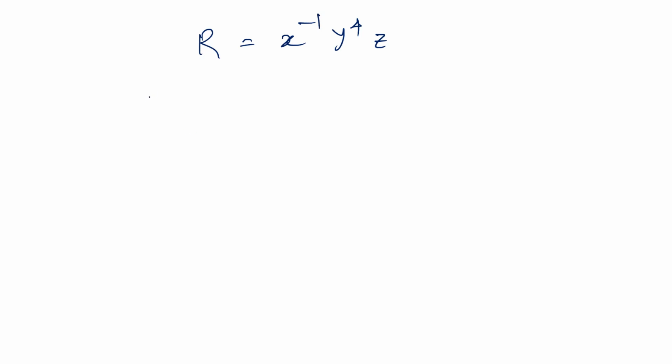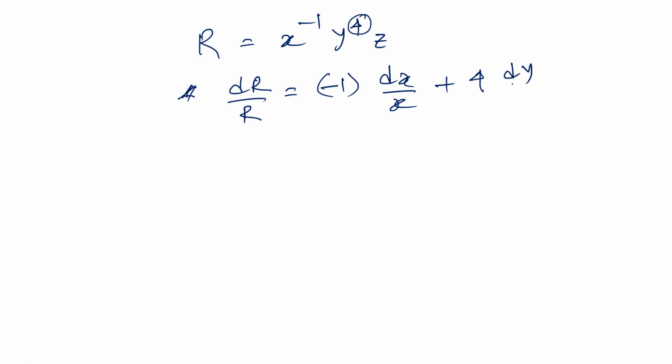So I can write the expression directly for the fractional error, dr upon r, as minus 1, the exponent of x, coming in the back, dx upon x, plus the exponent of y, which is 4, so 4 will come here, dy upon y, plus, now z has an exponent of 1, so it should be only dz upon z.